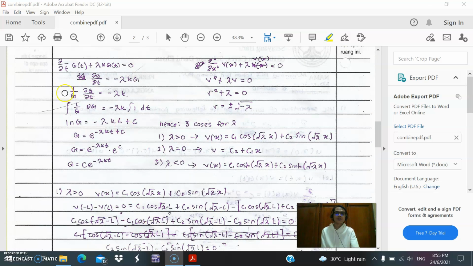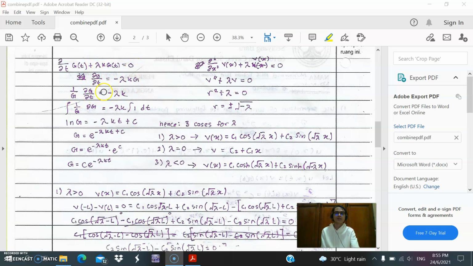Lepas tu kita akan cari G(t) daripada dua equation yang kita dapat tadi. Kita akan cari G(t): ∂/∂t G(t) + λkG(t) equals to 0.